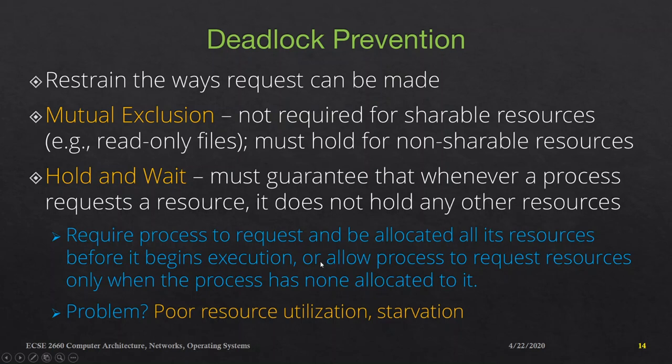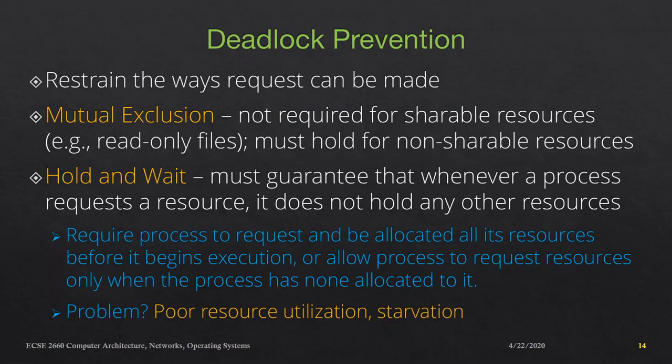My second option to break hold and wait is to allow a process to request resources only when the process has none allocated to it. For example, if a particular process requires 4 resources, R1, R2, R3, R4, then at the beginning, suppose it doesn't have any allocated to it, we can allocate it R1, then the process will use R1, release it, then it can request another resource, maybe R2, R3.